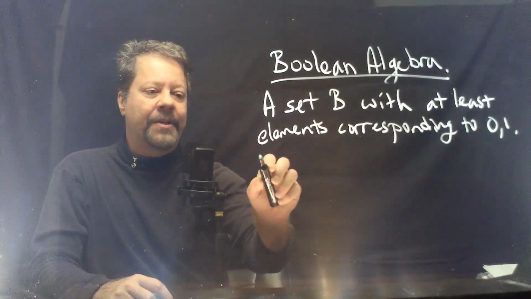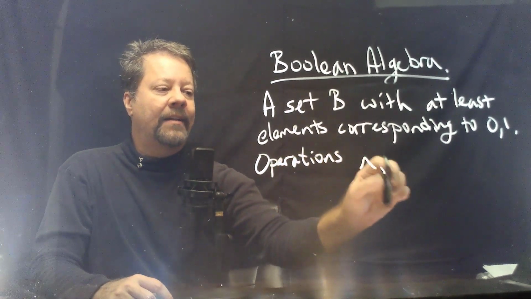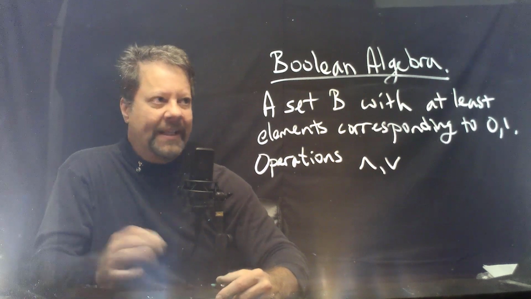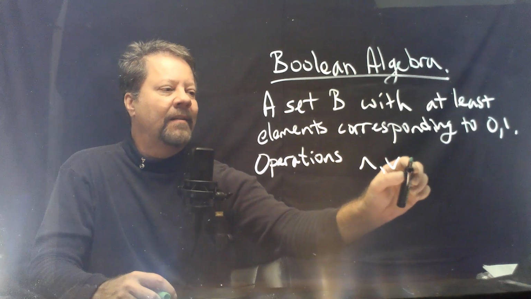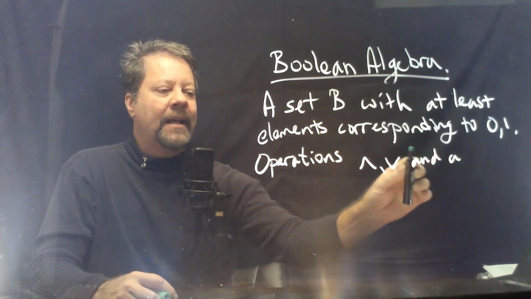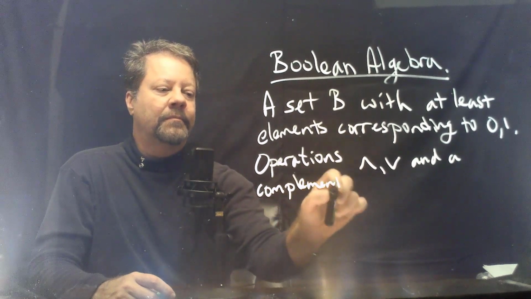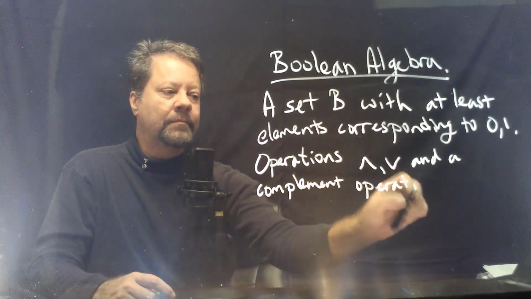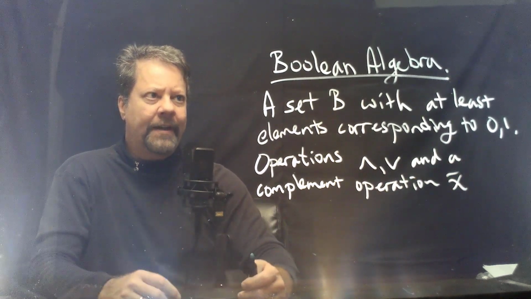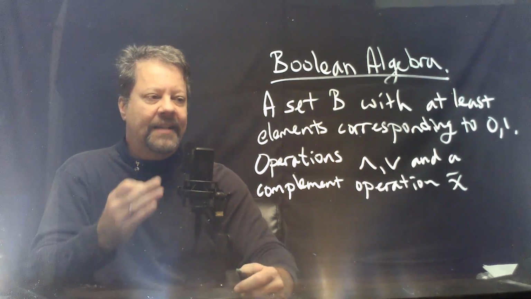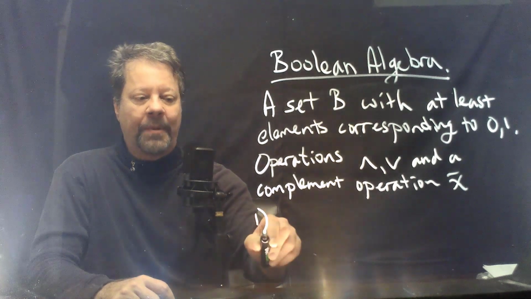We must have operations and, or. In the Boolean algebra that we've seen so far, that would be times and plus. And a complement operation, x complement. To qualify as a Boolean algebra, this set and these operations must also satisfy certain basic properties.